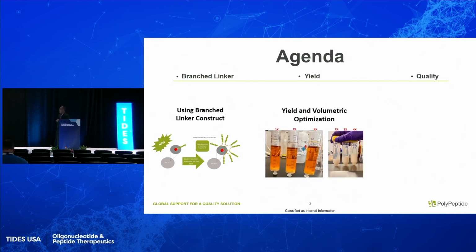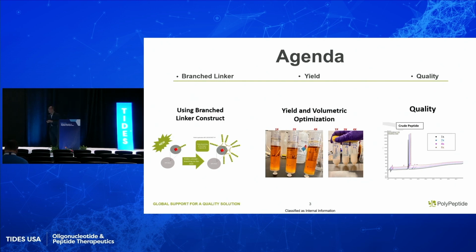I will also present some data about how volumetric optimization can be achieved. In other words, per given amount of reactor space, how we can improve peptide output. And last, I'm going to talk about the quality of the peptide.